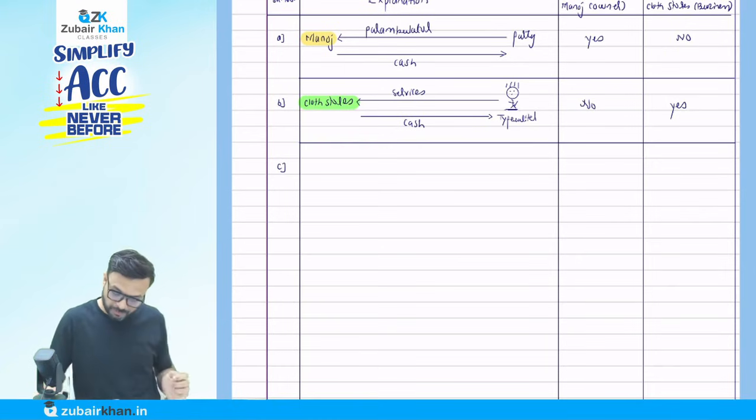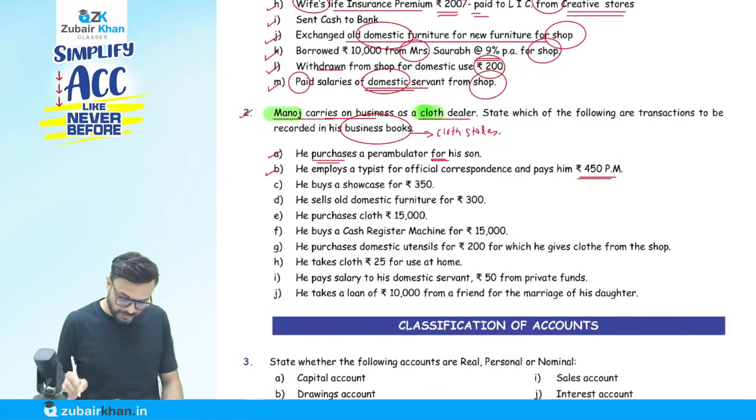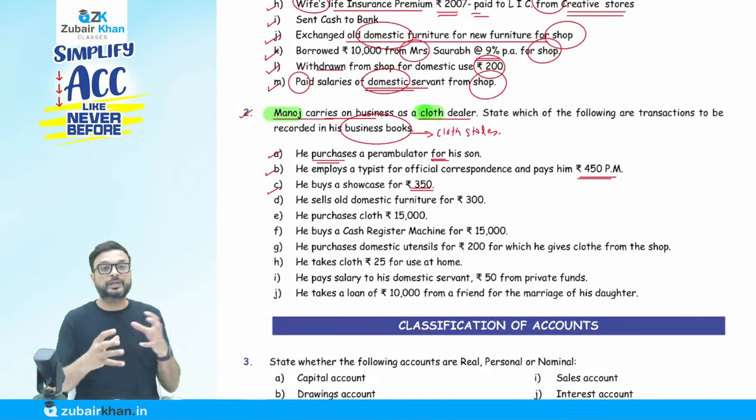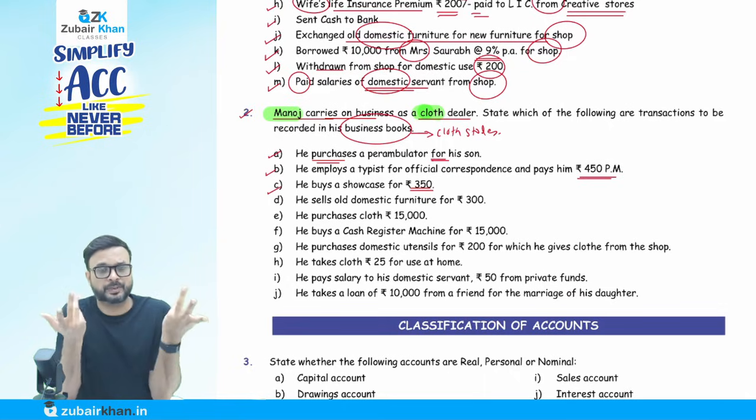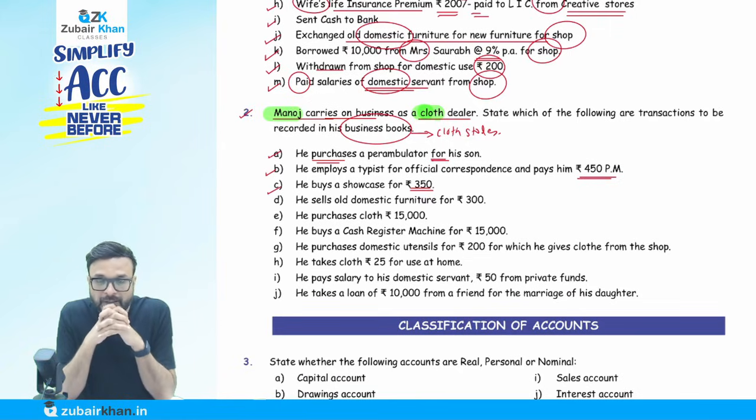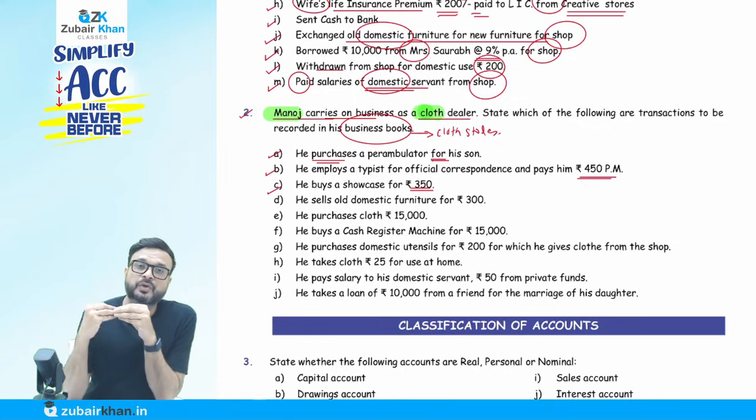Okay, now point number C. It says that he buys a showcase for rupees 350. Now here's an ambiguity. They buy a showcase, but for what, business or personal? It's not mentioned. He's in the business of cloth, so we have to take certain assumptions.